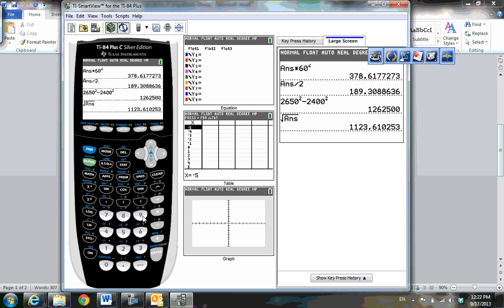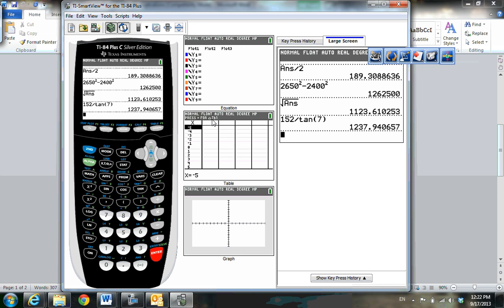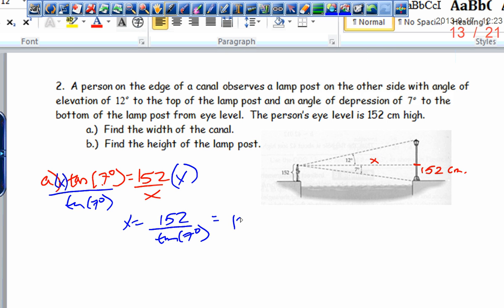So, 152 divided by tangent of 7. Okay, yeah, that's what I got. 1237.94. Now we're dealing with centimeters.